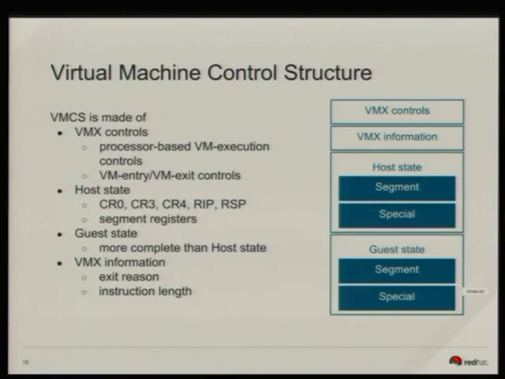And then host state is a subset of host registers, and guest state is as well, but it has more registers because it needs to be more complete, as the guest doesn't know that it's running on a virtual machine, but the host does, so it doesn't need to access all those registers transparently.